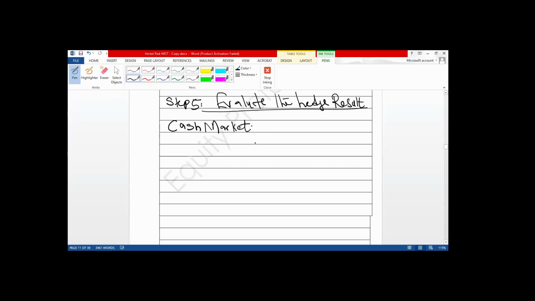What is the actual borrowing rate on that date? At the cash market, the actual borrowing rate. Let us go and check.